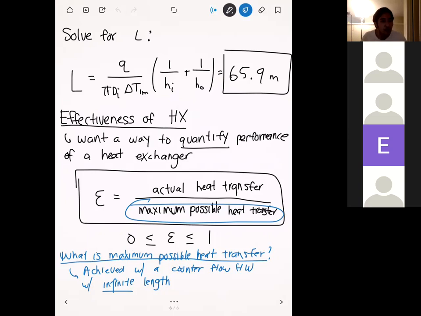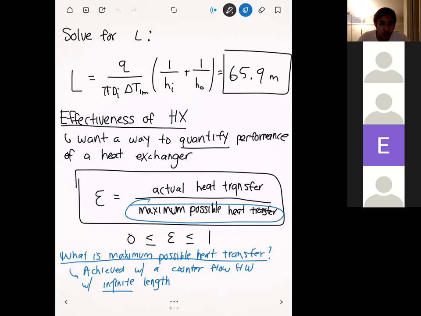So if you have infinite length, that maximizes the heat transfer that occurs. But there is a limit: the temperatures of the two fluids can never exceed each other. Things cap out once the two fluids reach the same temperature.